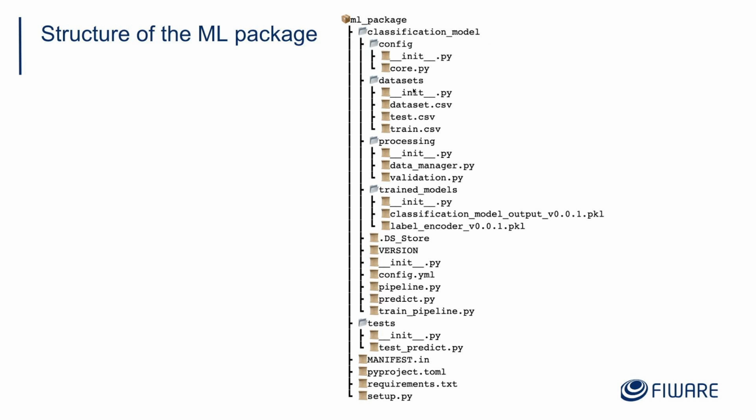I have a config file in which I put all the parameters for my model, its parameters, the train test set size. So instead of hard coding things in our code, it makes sense to use config files. Here I have this repo for the data set in which I put my training and test sets.